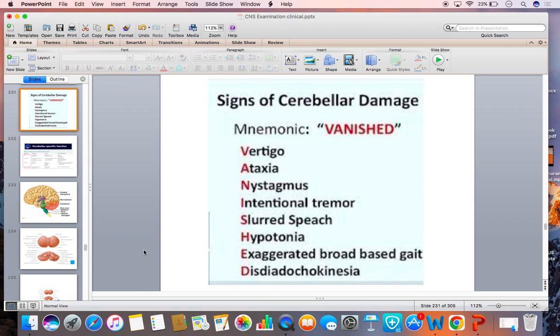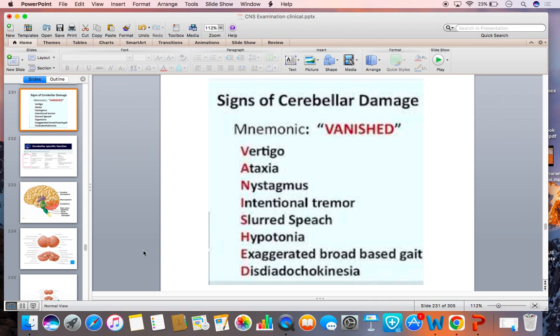Ataxia, that is, inability to walk with balance. Nystagmus is the pendular movement of the eyeballs. Intentional tremor, that is, when you are attempting a movement that is disturbed by the tremor. Slurred speech, that is dysarthria. Hypotonia, weakness of the muscles.